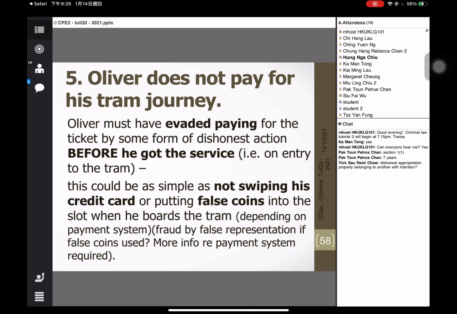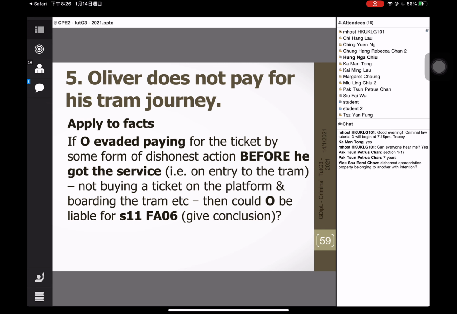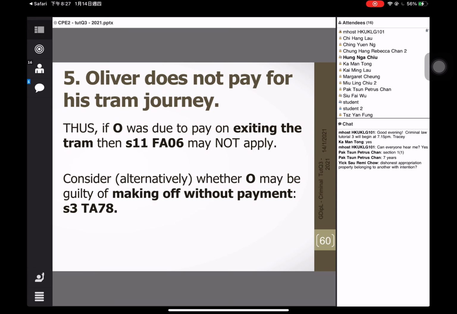So in that circumstance, we'd have to look to see whether an alternative offence could be applicable. So if Oliver had evaded paying for the ticket by some form of dishonest action before he got on the service, then yes, we could consider Section 11.